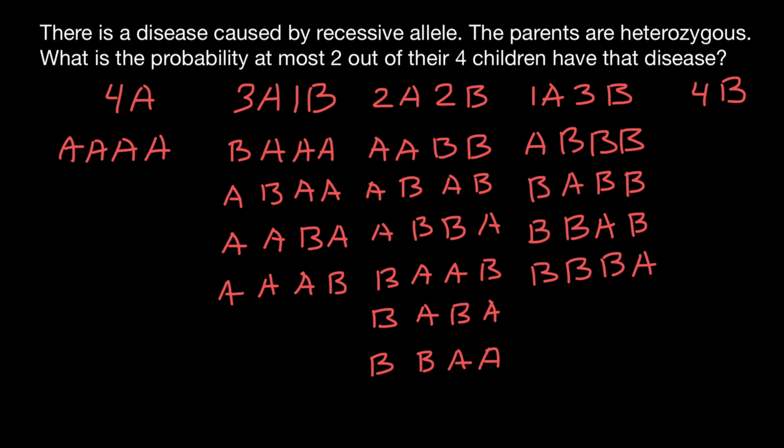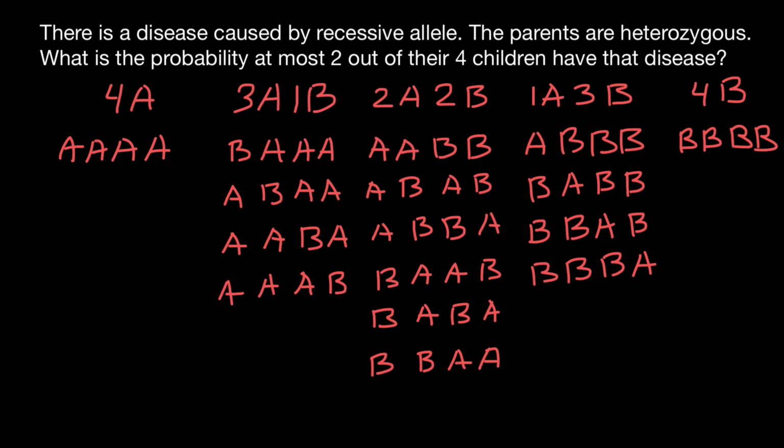And another combination when 4 children would be unhealthy. Just like with all 4 children healthy, we have only one such combination. We also have only one such combination when 4 children would be unhealthy. So first child, second, third, and fourth would be unhealthy.